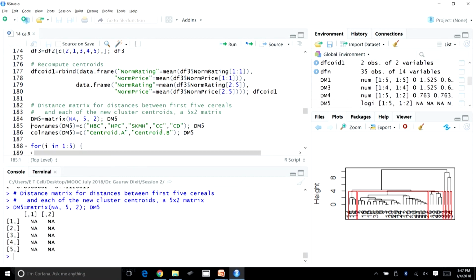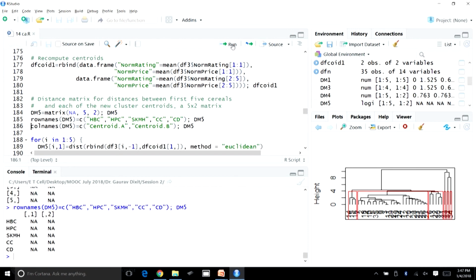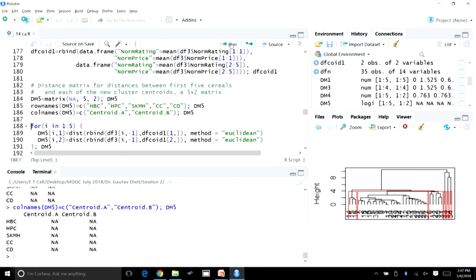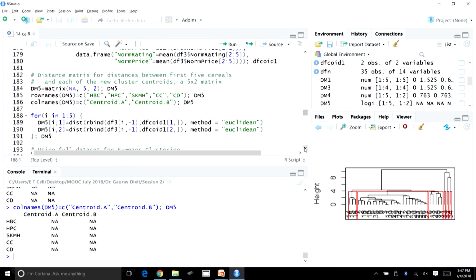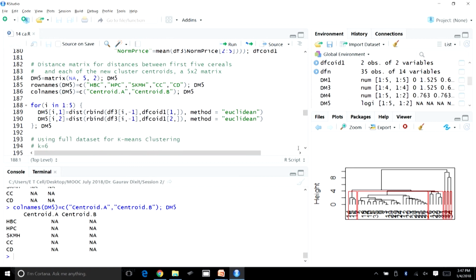Row names, you can see some change, right. First observation belonging to cluster A, followed by 4 observations belonging to cluster B. So let us change the row names and the column names, centroid A and B. Now we have this for loop which is going to compute the Euclidean distances between these 5 observations and these new centroids. Let us run this code.